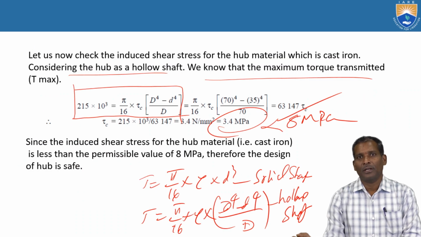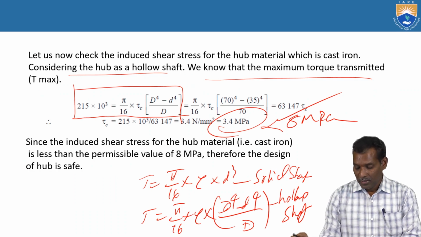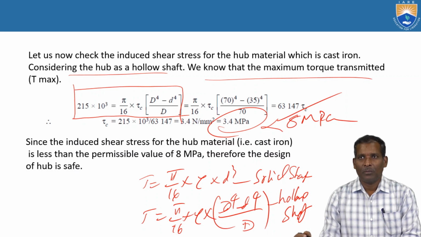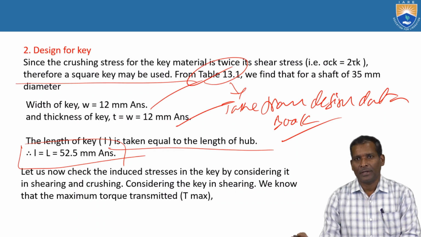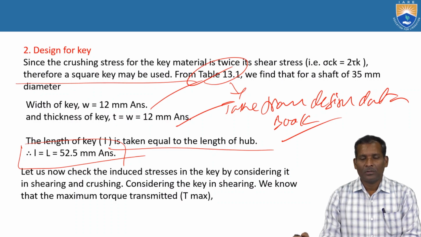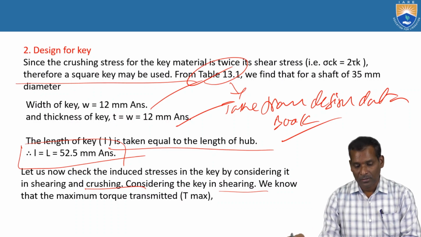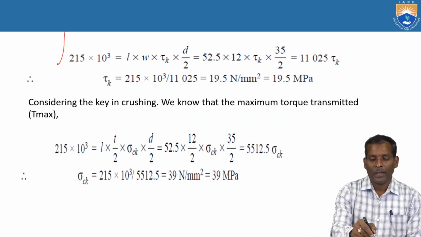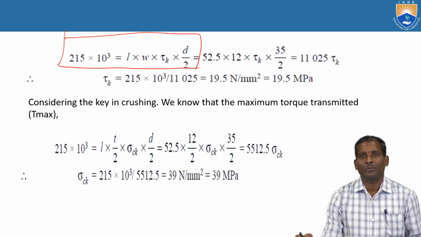For the hub material we have already verified the induced shear stress, because the hub material is cast iron and your key material is different. Considering the key in shearing, find the maximum torque transmitted. While considering shear, T is equal to area multiplied with shear stress into D/2.